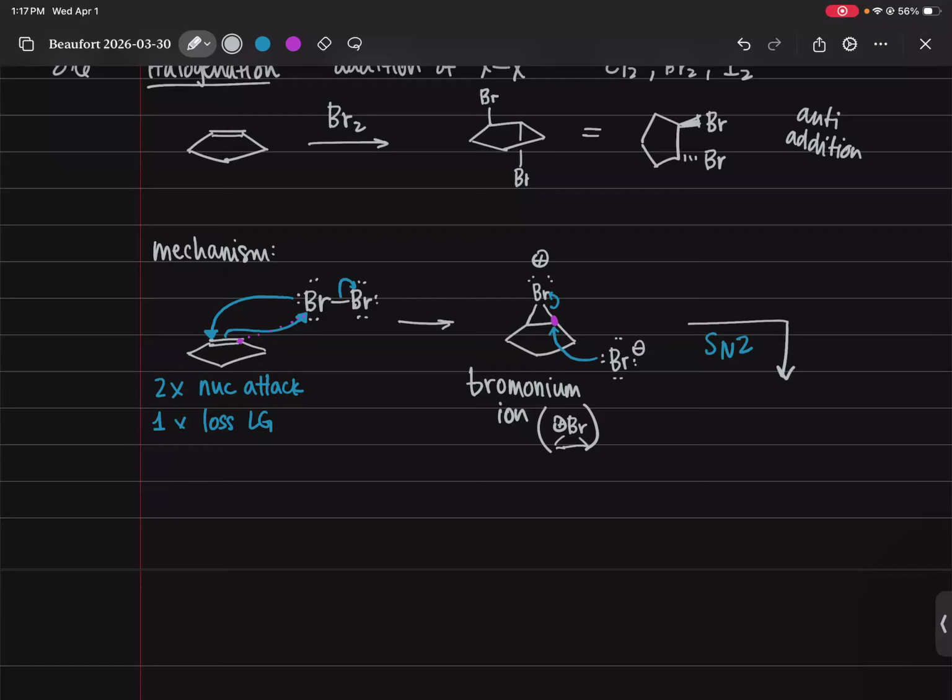So that ends up looking like: there's the bromine that was part of the bromonium ion, which was our leaving group. It's still got a bond to the left carbon, so it's still hanging on. And our nucleophile bromine, our floating bromine, is now attached to the bottom of the pink carbon.